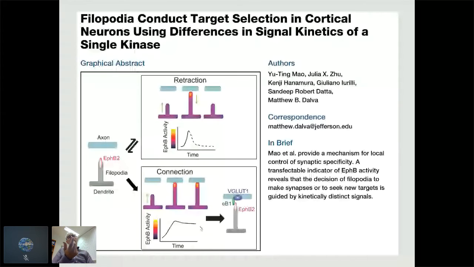So basically providing an explanation for how Ephs and ephrins can do both. They can repel and they can also promote adhesion, simply based on the dynamics of Eph receptor kinase activity.